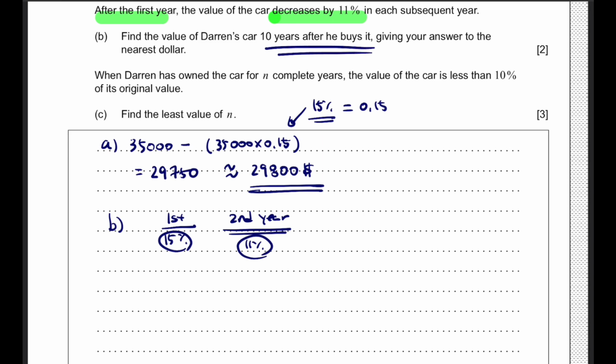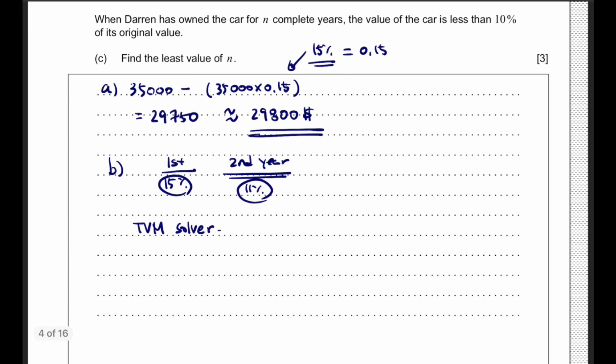For this question, we're going to use the finance app on your calculator, or what we call the TVM solver. Using the TVM solver, we set N, the number of years that Darren holds the car, as 9, because after the first year the interest rate changes.